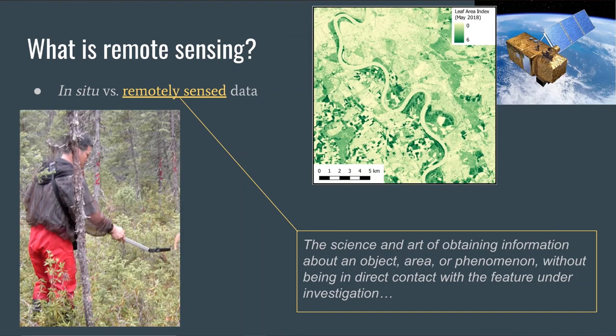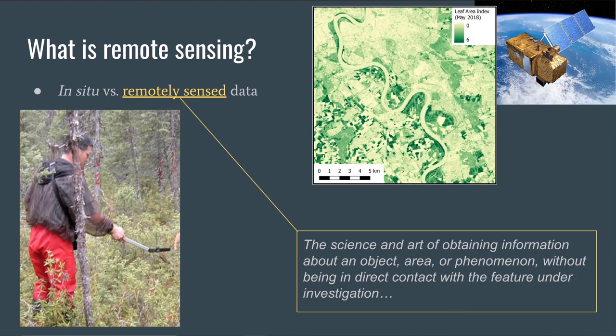Here's an example that's more representative of remote sensing within geography or Earth observation. This is an example from the ecological sciences. At left, a scientist is taking measurements that allow them to measure what's called the leaf area index, which is how much leaf coverage there is in a location.